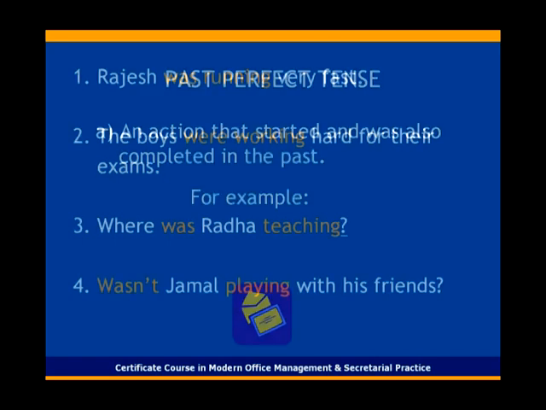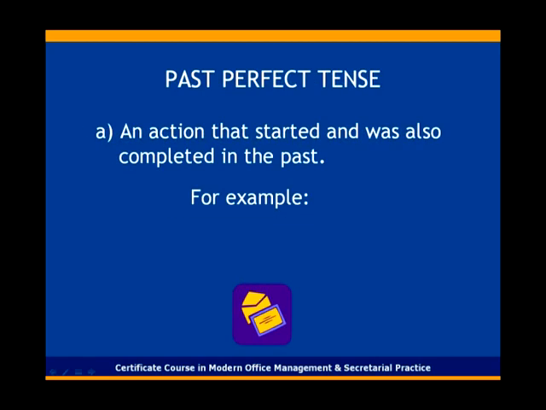Now we will look at the past perfect tense. The past perfect tense basically relates to an action that started and was also completed in the past. For example, Ratan had written the letter.